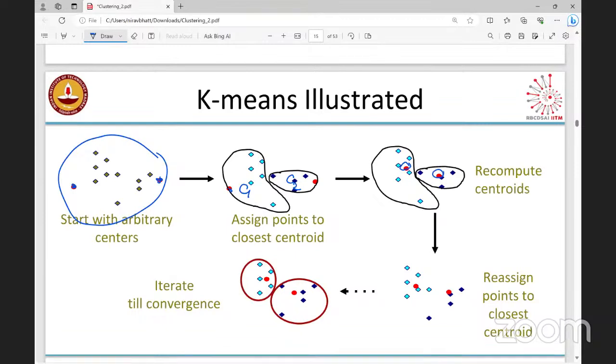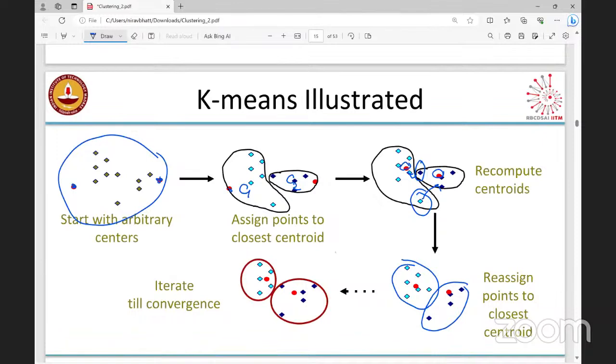Now I will use these new centers and reassign the points which are closest to the different centroids. If you look at it, you get this reassignment. In other words, this particular point is now assigned to this cluster, while this particular point is assigned to that cluster.